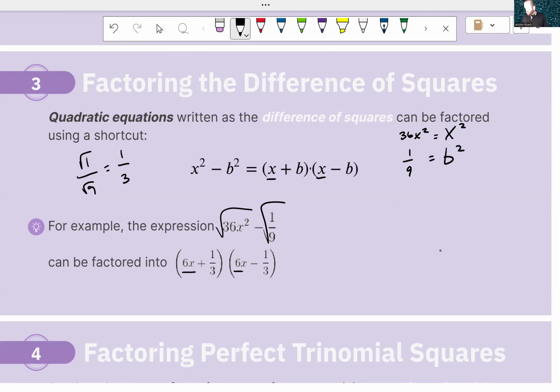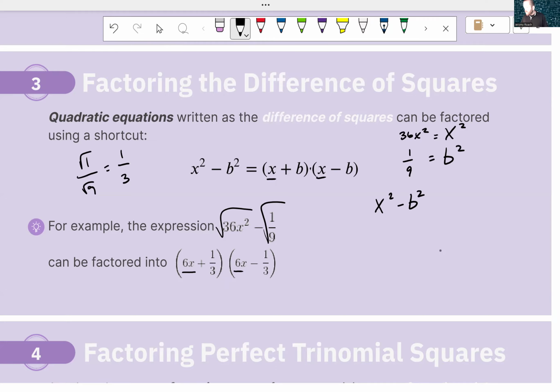So when we write this out, let me write this out a little bit differently here. We have x squared minus b squared equals x plus b, x minus b. So our x squared is going to be 36x squared. And normally we don't use x and x twice.